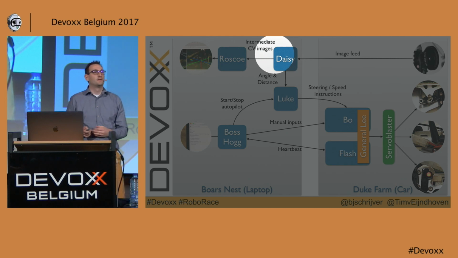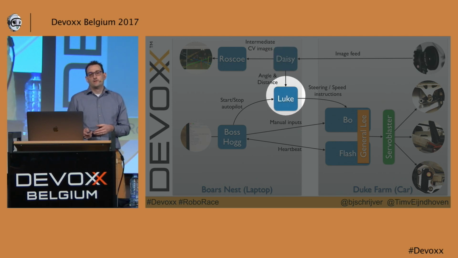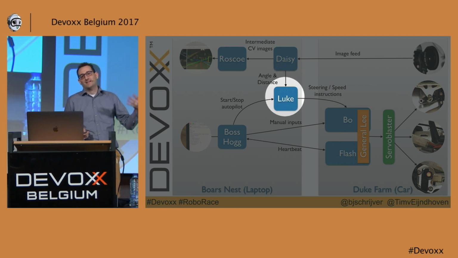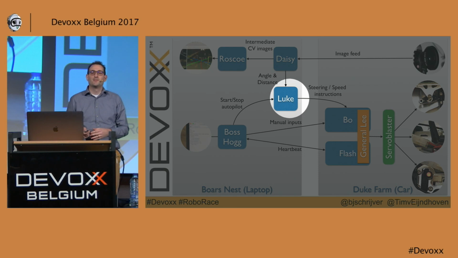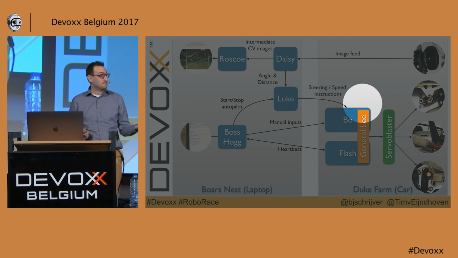Daisy does this analysis and calculates the angle and the distance that we have on the lane, and then it's communicated to Luke, because Luke always was the smart one in the series, right? So he's the one that gets told how the road looks, and he decides what to do with navigation, which he then instructs as steering and speed to Bo, who always drove the General Lee.